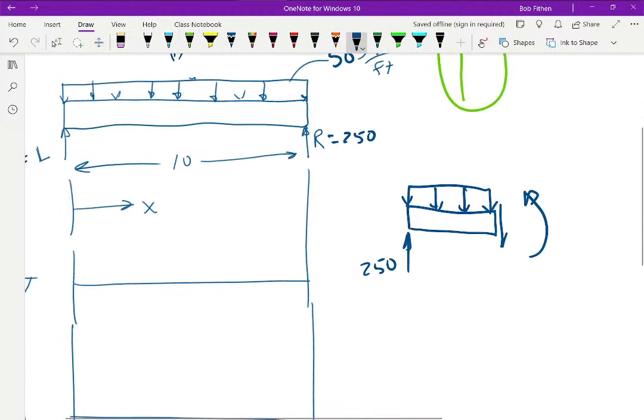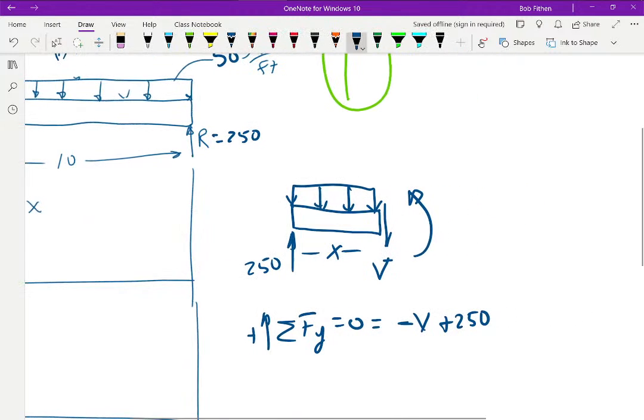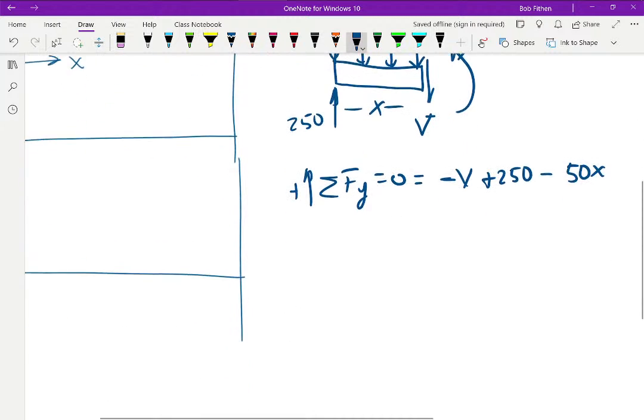We'll do the shear in a second. Given that this is x, sum the forces in the y equaling 0. We'll make this positive. Minus V plus 250 minus, this is my 50 per running foot, 50x.